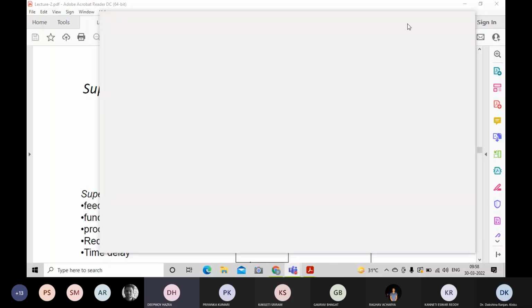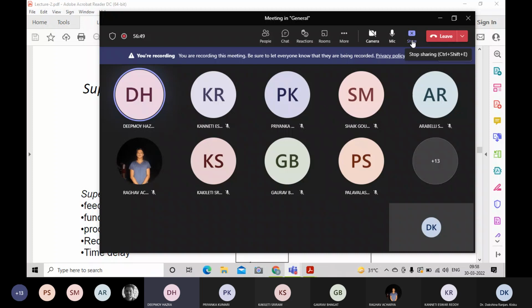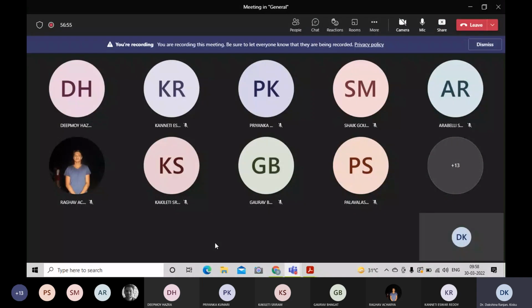If you have any questions from this part, you can ask me. From where can we study this? You can study this part on artificial neural networks from a book by S. Kumar, which you can find in the library.